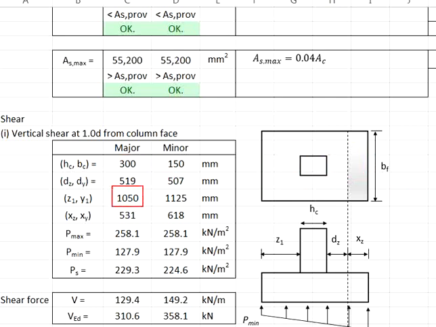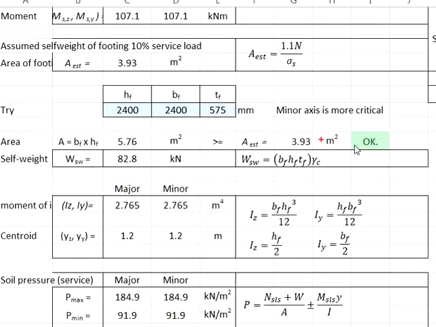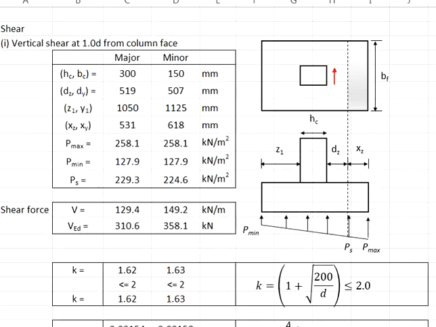You get your Z1 equals to 1050. We will do the same to determine the Y1. Take the width of the pad footing, which is 2.4 meter, minus the width of the column, 150 mm, divided by 2. Your Y1 is equal to 1125.